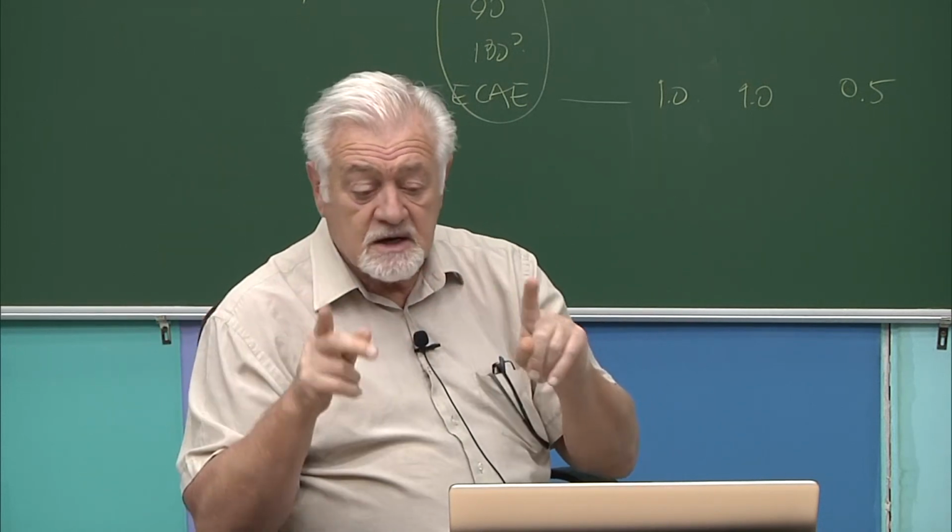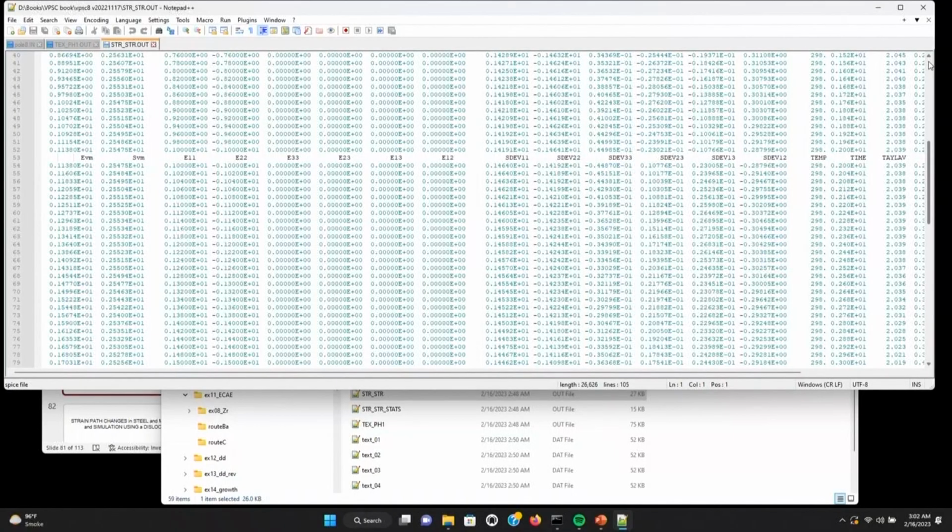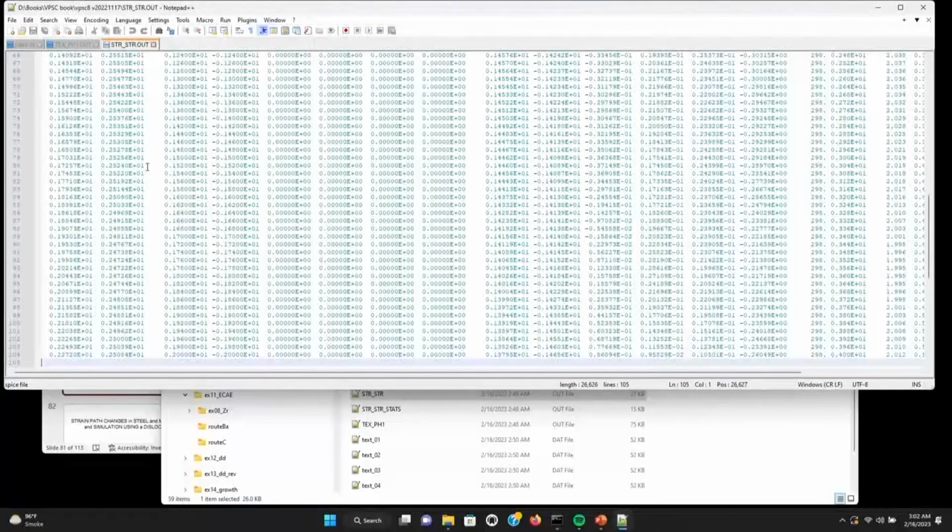And then we list the Cauchy stress here, the six components. But in this problem you should be looking at the deviatoric. And yes, it goes from 2.5 here to 2.4. It's not changing much.